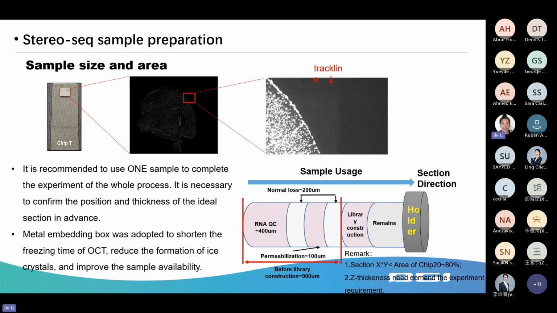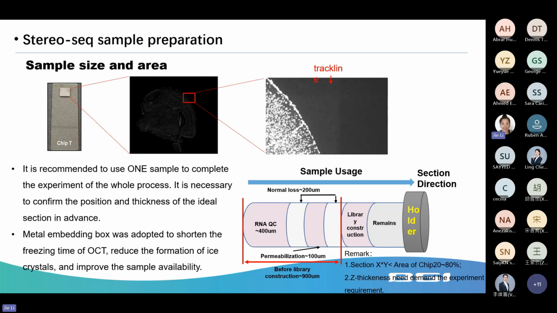And here is some introduction of the sample usage. For the first section of RNA QC, we will probably slice 20 to 25 slides of the samples, and each will be around 10 micrometers thick. So the basic usage of the sample will be around 400 micrometers.